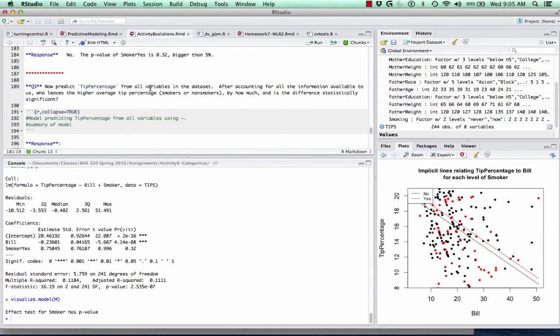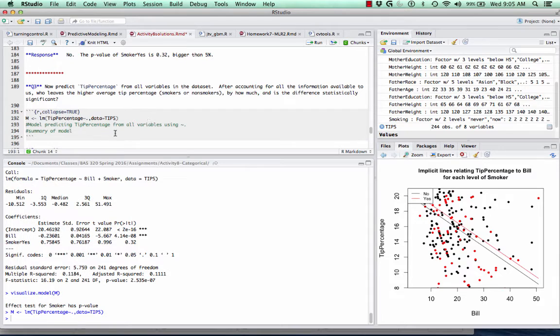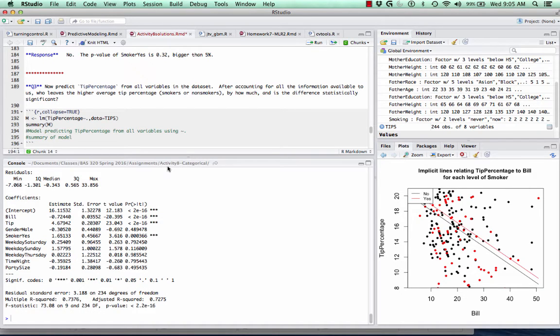All right, well, let's fit an even more sophisticated model. Let's predict tip percentage from all the variables in the data set using twiddle dot here and see what we can see. All right, so let's get a summary of the model. Now when we look at the coefficient of smoker yes, this is telling us something very specific.